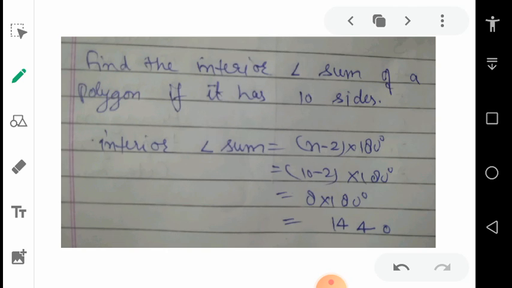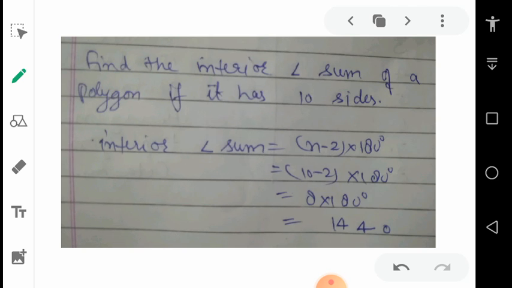For example, maybe 20, maybe 15, even maybe 100 or 1000. Practically it is not possible to draw such a polygon by freehand, but we can think about a polygon which has 100 or 1000 sides. So by using this formula we can calculate the sum of all interior angles.